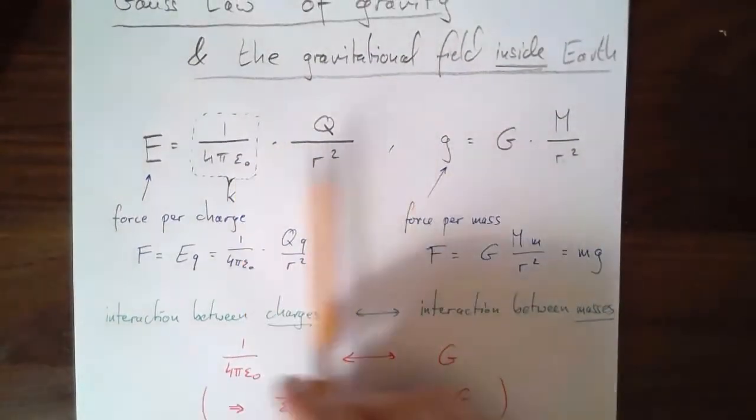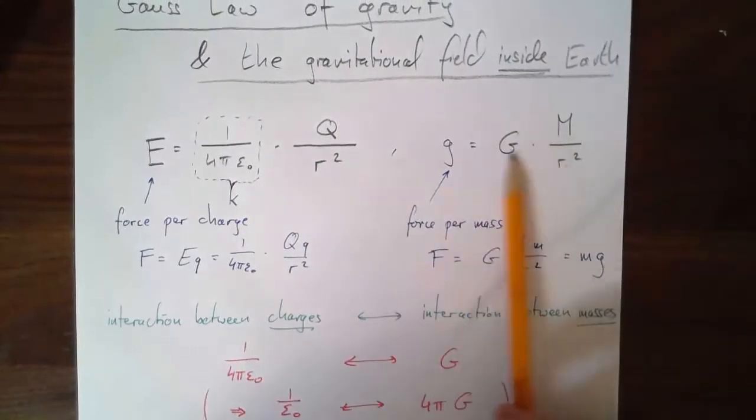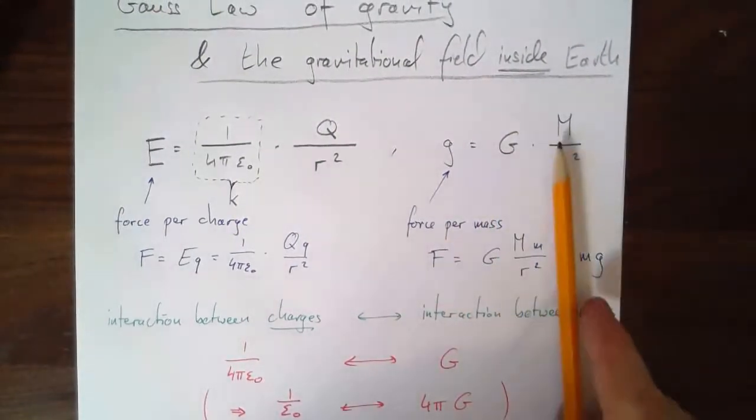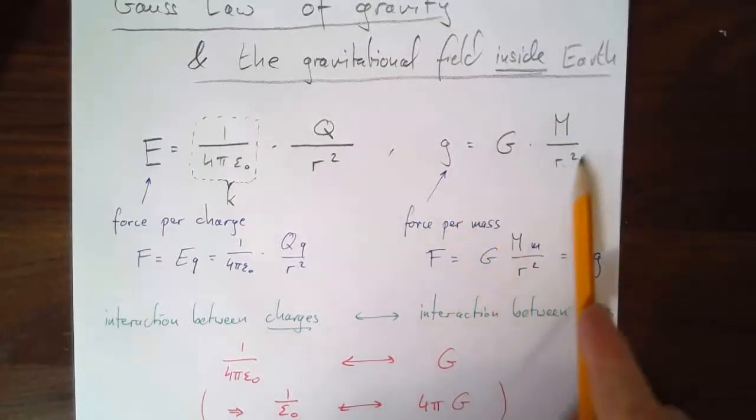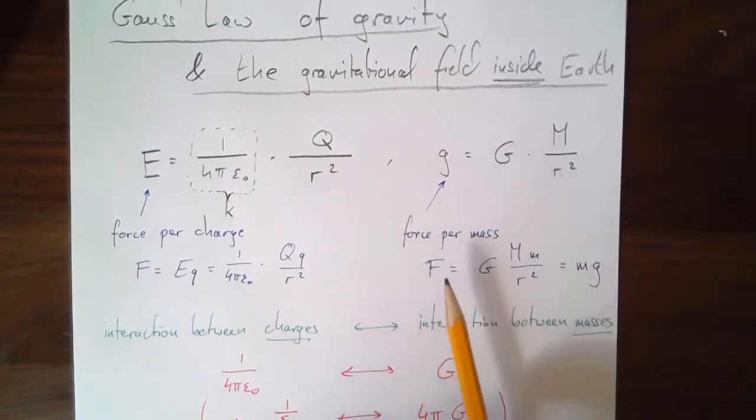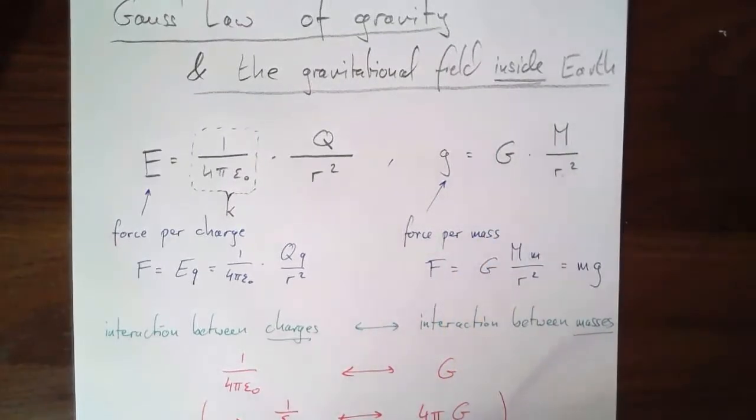So there's this exact analogy. You probably met this in 161 or a similar course, not necessarily thinking about it in this field way, but everything we've done with the electric field you can do with the gravitational field.